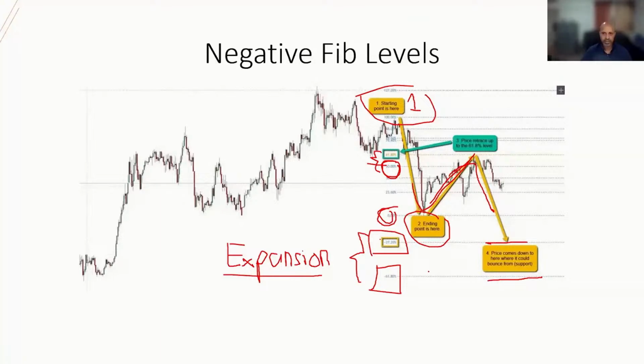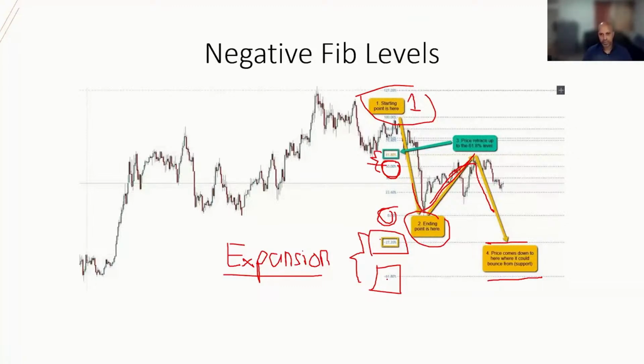This is a very important aspect, because if price only retraces up to 38.2% and then stalls and reverses to drop lower, that means the levels here at negative 27 and negative 61 may not offer significant support.